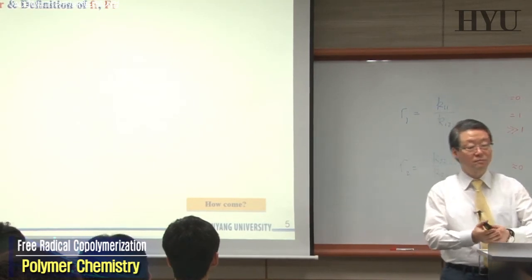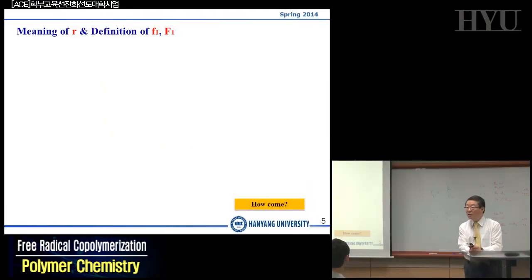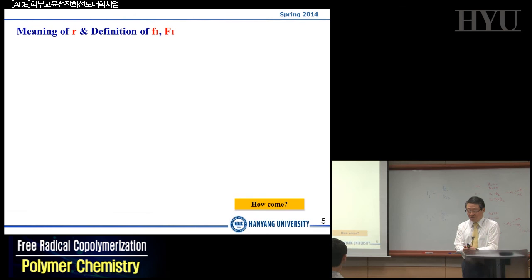So we define small r, and I have elaborated a little bit on the meaning of r, or how r affects your final compositions. And we need to know about the small f1 and large F1.